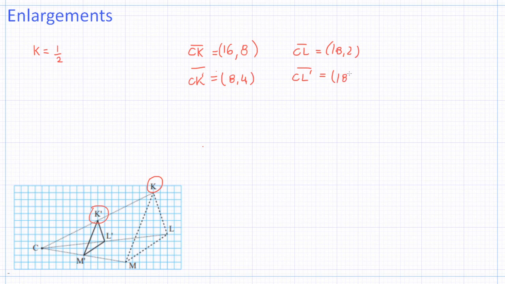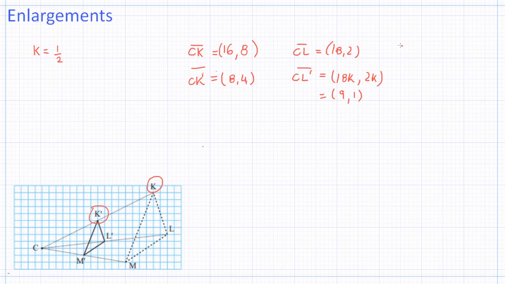This is 18k and 2k. And k here is our scalar factor. It's nothing to do with those point K's there. So CL prime, it's 9 and 1. And we can see the height here is 1 now, and if we measure here, 3, 6, 9.